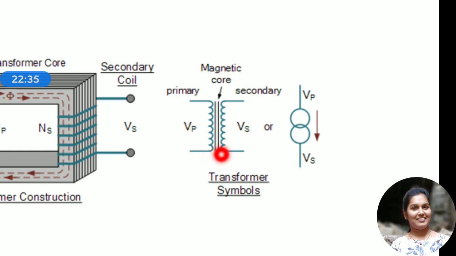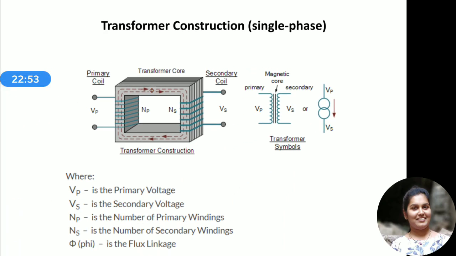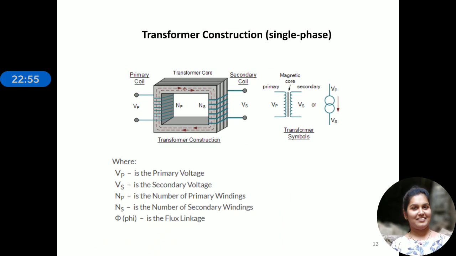This is one kind of representation, whereas another representation is this one. We have two terminals and two circles overlapping each other. The upper side is called the primary winding and the lower side is called the secondary winding. This is how we represent transformers with the help of symbols.